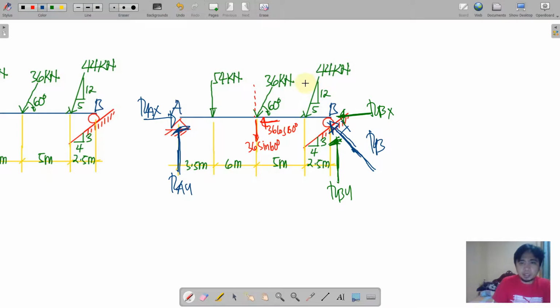Similarly, we can do resolving for the reactions at 44. So I'll just place it in here. Okay. Anyway, this is extended up to this. And our leftward force here.